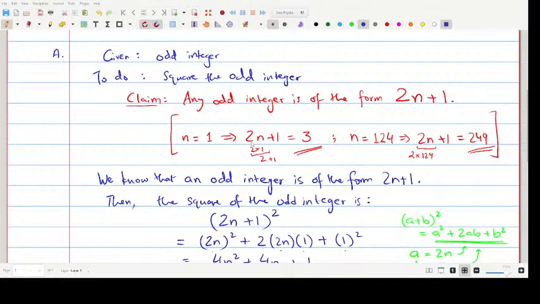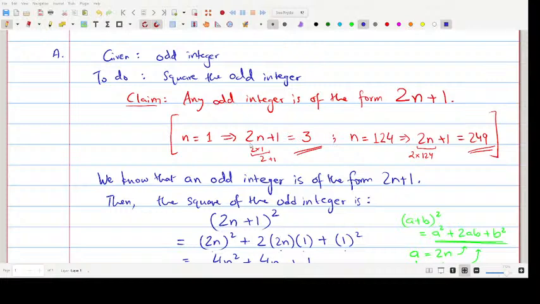The claim is that any odd integer is of the form 2n plus 1. Now, this n can be anything, right? It can be a big number like 7,060,231. It can be like 9,999, right? But it's not a negative number. We have ruled out that case, right? It could be zero as well. So the n is a variable.